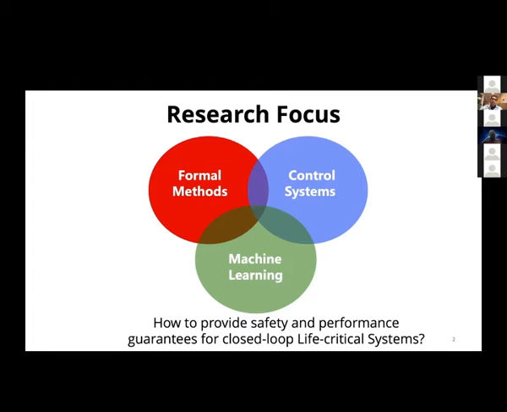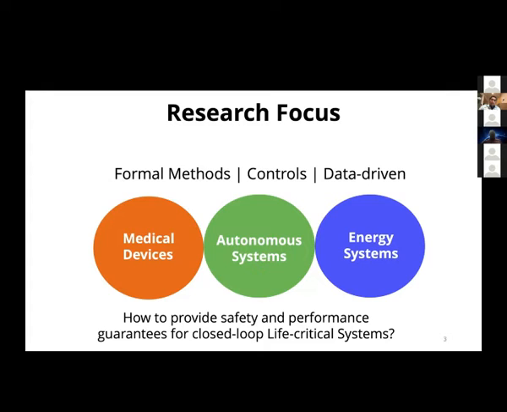Our research has been applied in three different domains of autonomous vehicles, medical devices, and energy systems. So they do span a spectrum, but the core type of problems we look at are quite centered around just answering this one question at the bottom: how do we provide these safety and performance guarantees in these closed loop life critical systems?